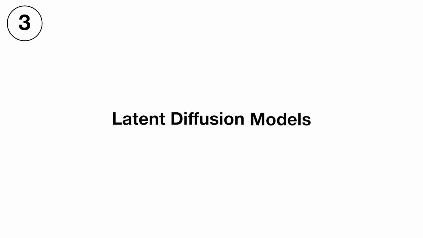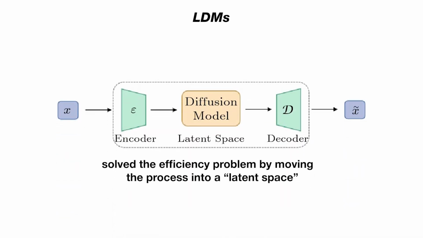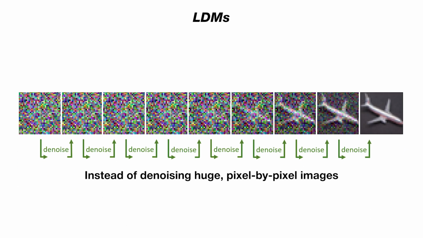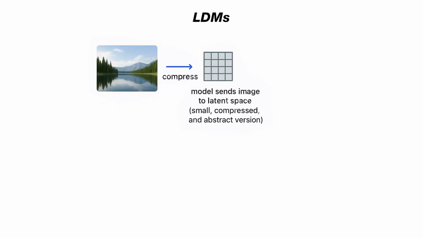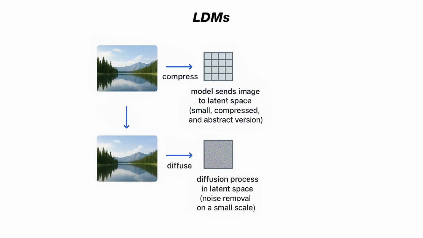Latent diffusion models, or LDMs, solved the efficiency problem by moving the process into a latent space. Instead of denoising huge pixel-by-pixel images, the model first compresses the image into a smaller abstract representation. Diffusion happens there, requiring far fewer steps before expanding the result back into full resolution.